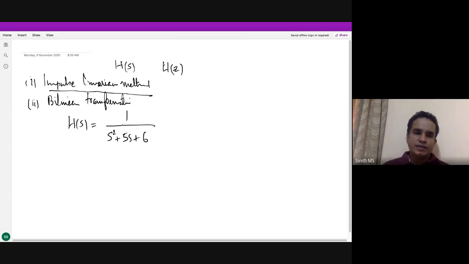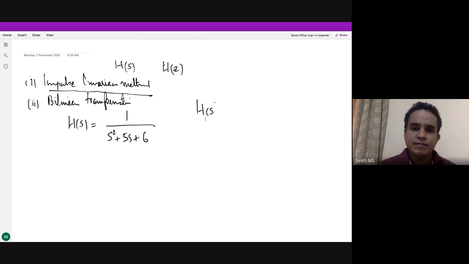Let this be a transfer function of an analog filter, and you want to implement a digital filter corresponding to this filter, having almost the same characteristics of this filter. So how will you proceed? You first take H(s).